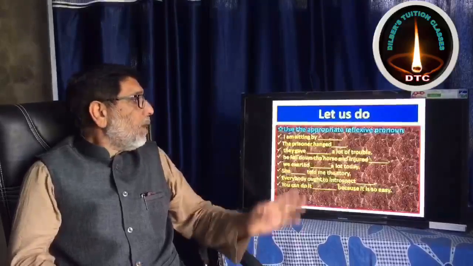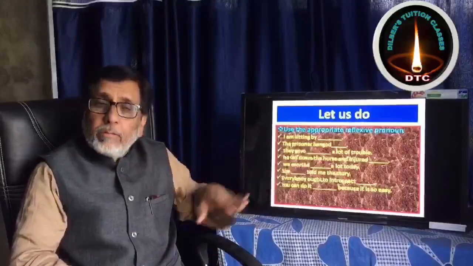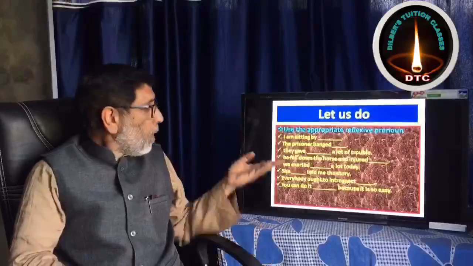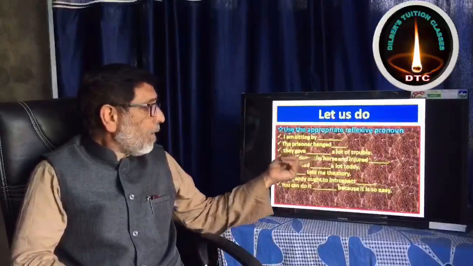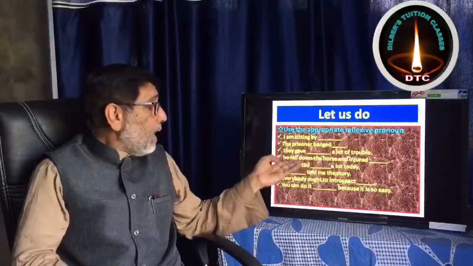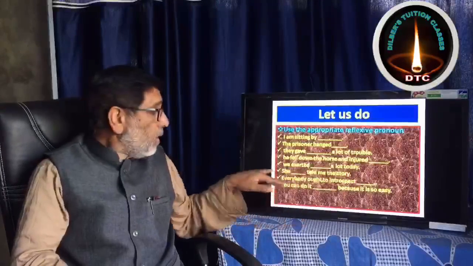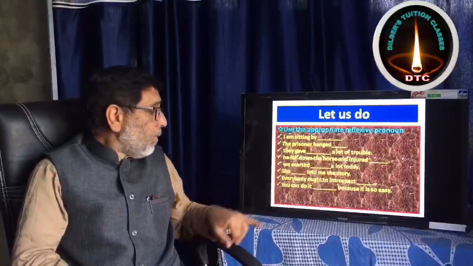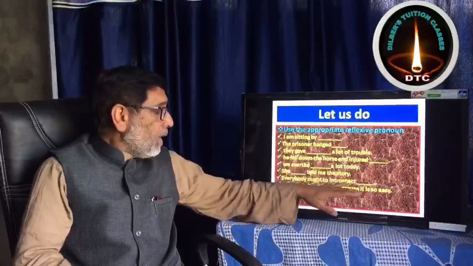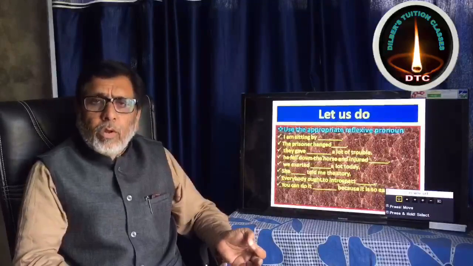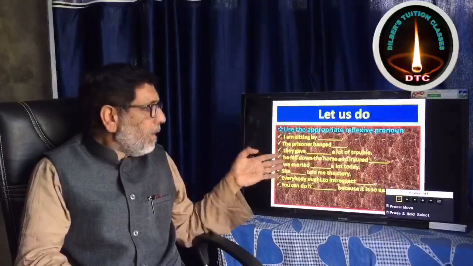For example, let us do I am sitting by dash, the prisoner hanged dash, they gave dash a lot of trouble, he fell down the horse and injured dash, we exerted dash a lot today, she dash told me the story, everybody ought to introspect dash, you can do it dash because it is so easy. Now if you have your notebook before, as I have told you, if you can read it clearly, you can just do it.